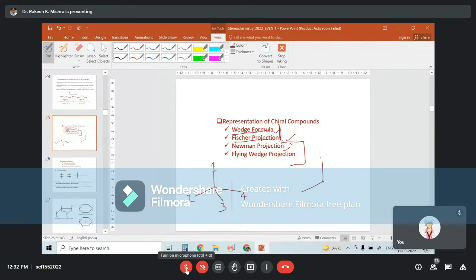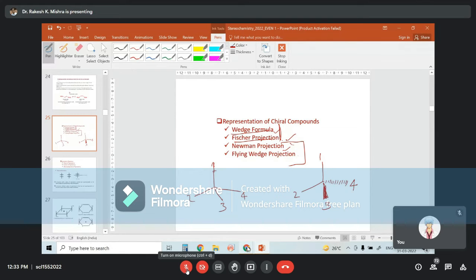The other two we take, one outside the plane and one behind the plane. Behind the plane we represent with the broken bond, and towards you means outside the plane. This is towards you. This is 3 and this is 4.